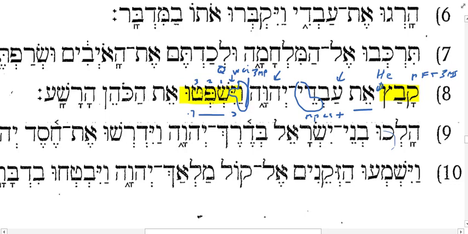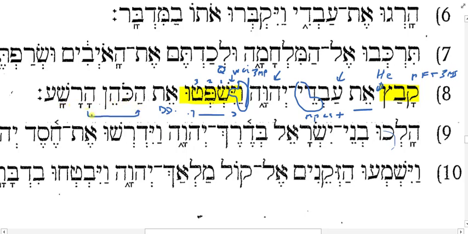Whom did they judge? They judged et ha-kohen. What's a kohen? They judged the priest. So this is my direct object marker because judging implies an object. So they judged the priest. But look, I have not just ha-kohen, but it's followed by ha-rasha.